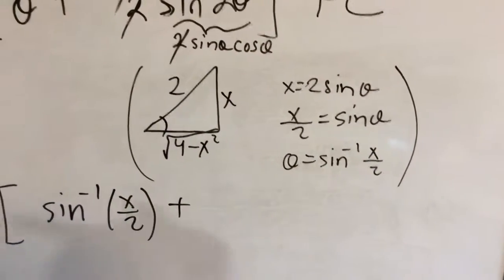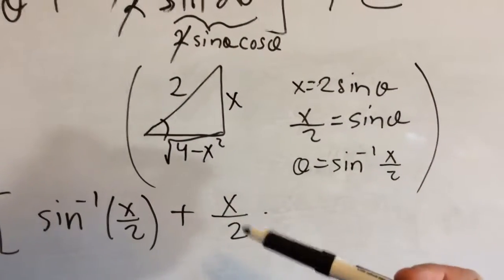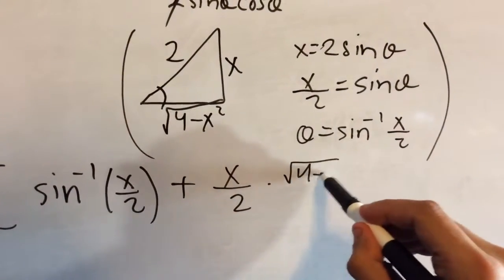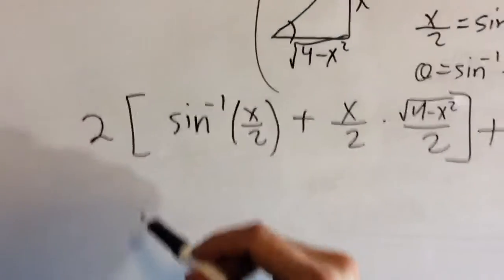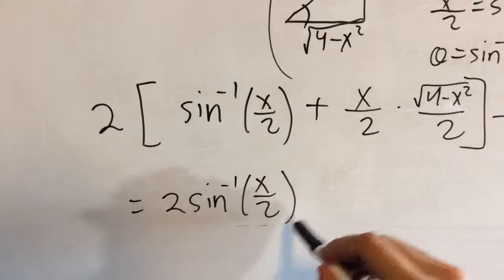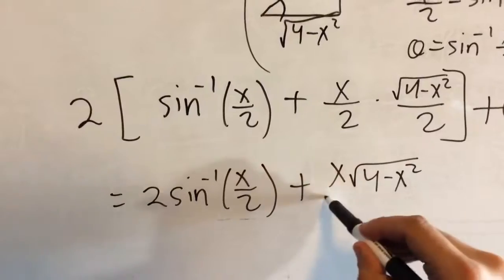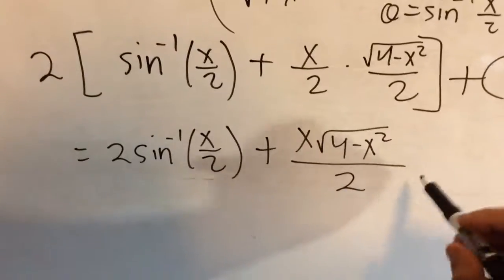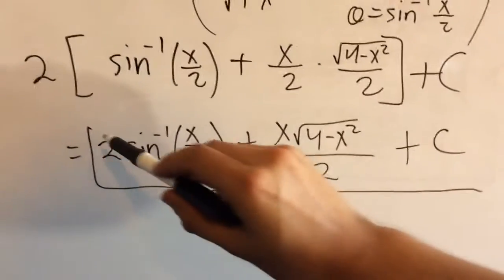Now we solve for sine, which is x over 2 using the triangle, times cosine, which is adjacent over hypotenuse, so the square root of 4 minus x squared over 2, plus c. And then our final answer would be 2 sine inverse of x over 2 plus x times the square root of 4 minus x squared over 2, then plus c. And this is the final answer.